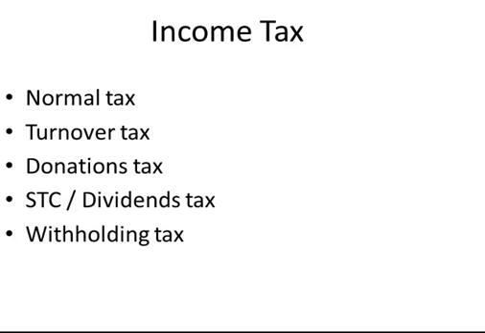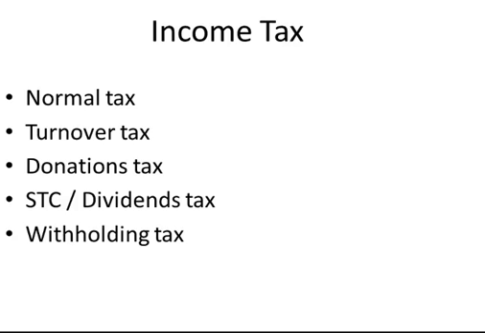Income tax, there are 5 different kinds that we look at. We look at the normal tax, which is levied on individuals and corporate entities at different rates. We look at turnover tax. We look at donations tax.